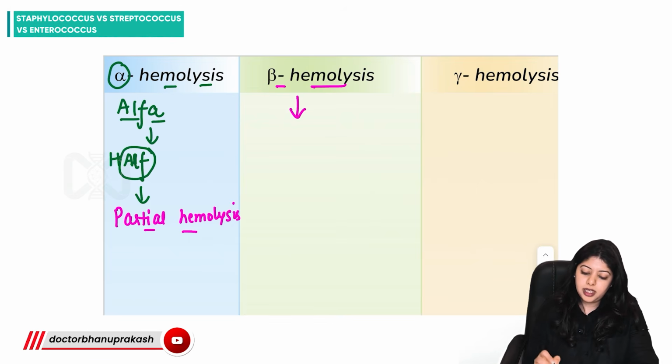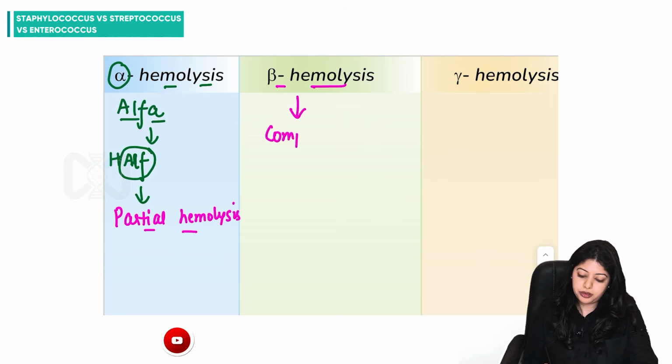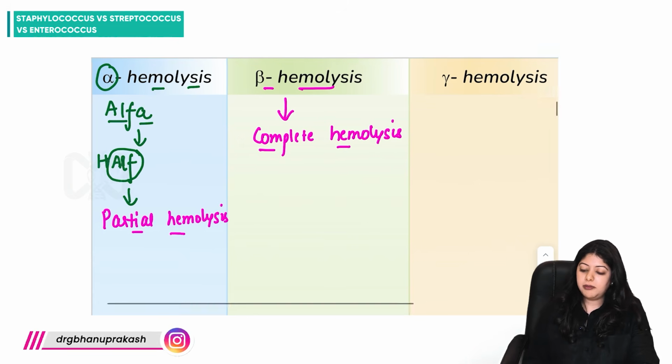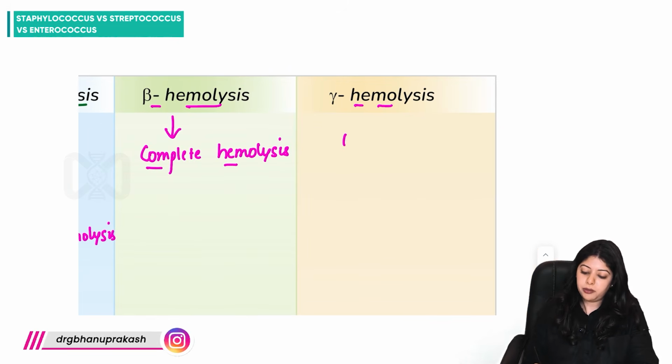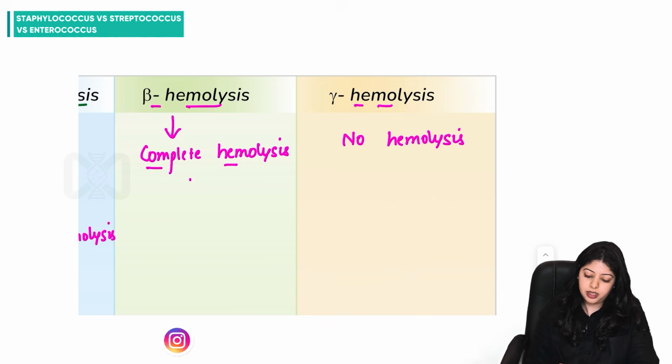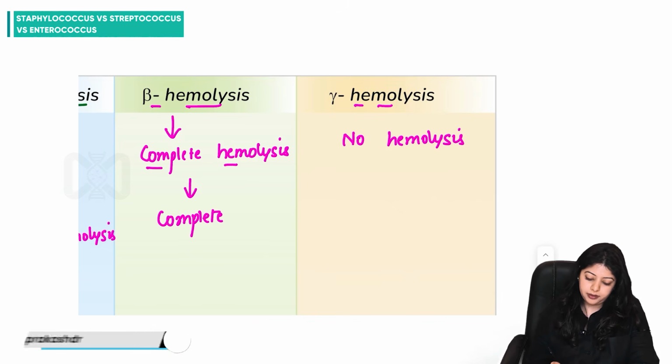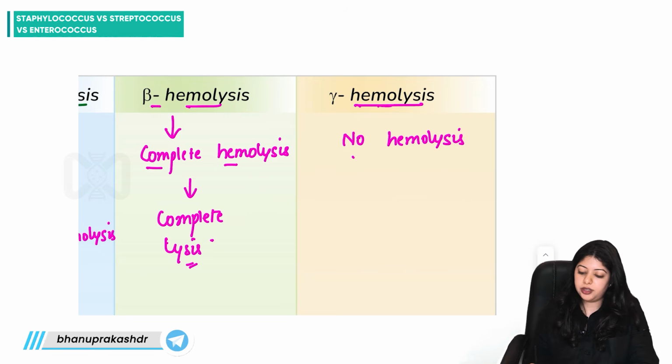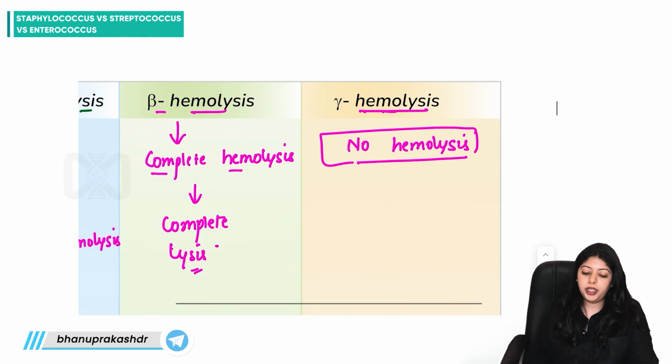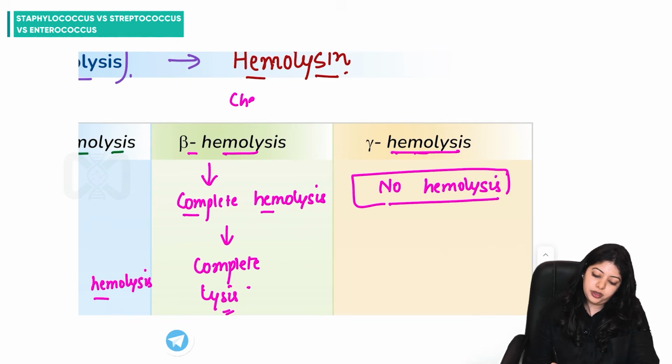Beta hemolysis stands for complete hemolysis, as well as gamma hemolysis, which is no hemolysis. Beta is complete breakdown of RBCs, complete lysis, and certain bacteria show no hemolysis on blood agar.